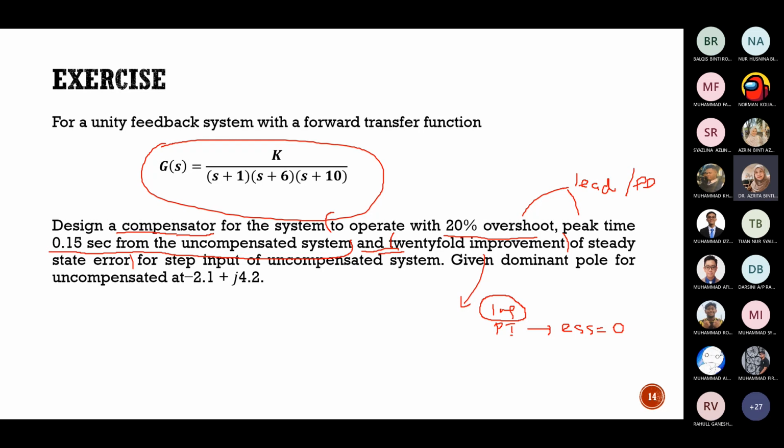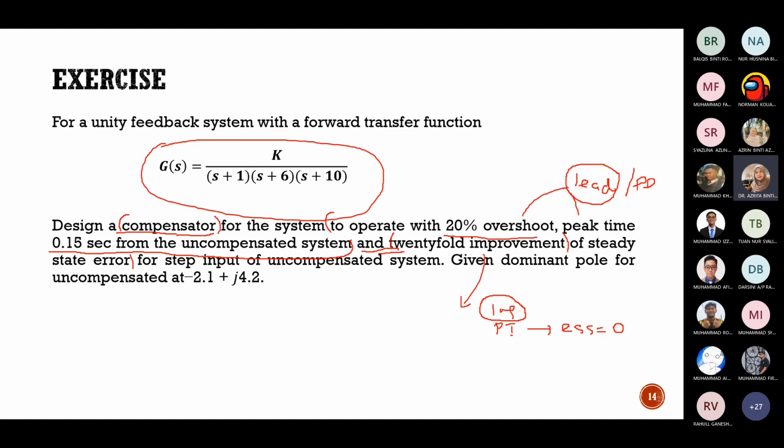Because the partner for the lag compensator must be lead, we cannot choose PD. For the combination, active compensator must be with active compensator, and passive compensator must be with passive compensator. So for this problem, the most suitable compensator is the lag-lead controller. Okay, so we already chose the most suitable controller.